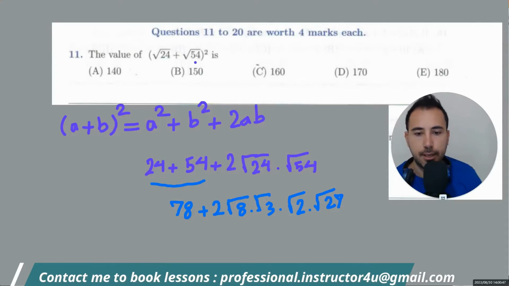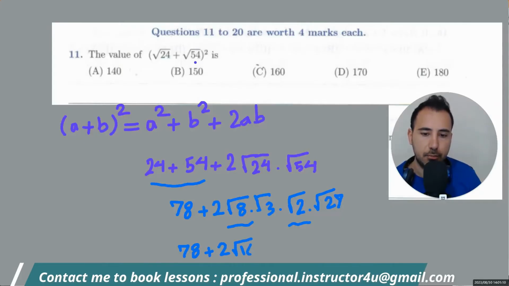Okay, and now we know that when we multiply, order is not important. So I'm going to multiply these two first. The square root of 8 multiplied by the square root of 2 is going to be the square root of 16. So I'm going to write 78 plus 2 times the square root of 16 multiplied by, now these two together, the square root of 3 and the square root of 27.